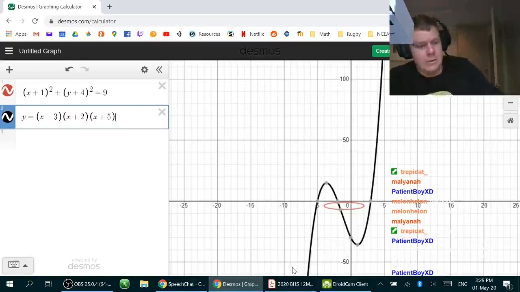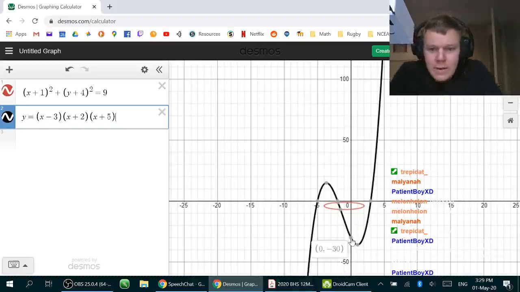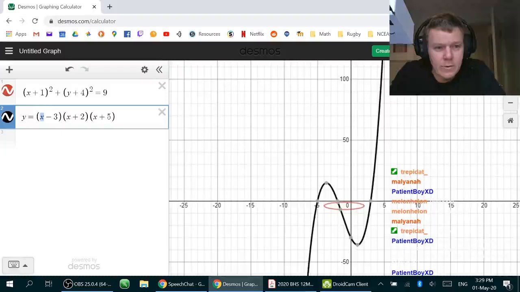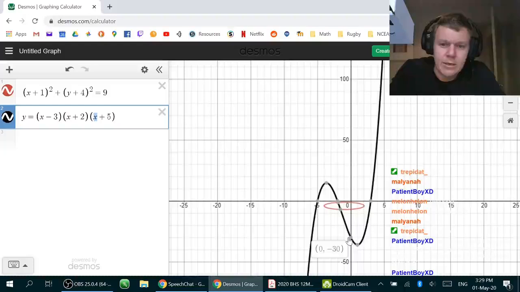You can see that was where I predicted the y-intercept would go through it at -30, because if you had x equals 0 here, here, and here, then you're essentially just multiplying -3, +2, and -5 together, which makes negative 30.